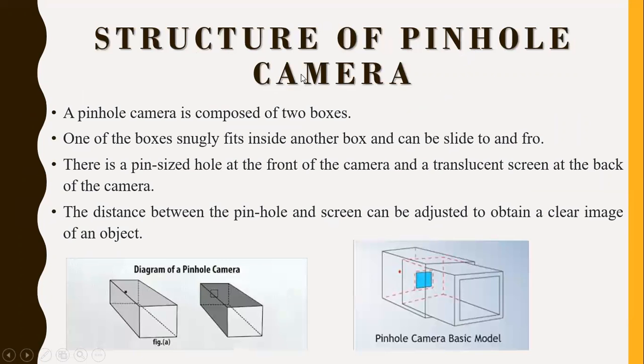A pinhole camera is composed of two boxes, right? And in these two boxes you can see that a small pin-sized hole is here, and here is a small square, right? And this square is actually fitted with a translucent screen, right? So this translucent screen is placed here, and with the help of this the pinhole camera is made.